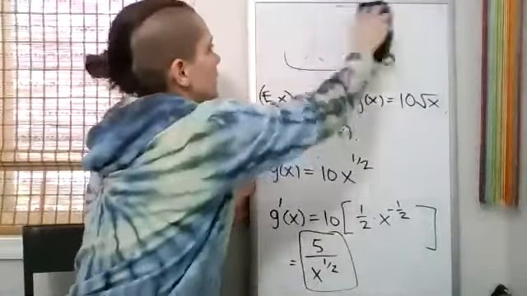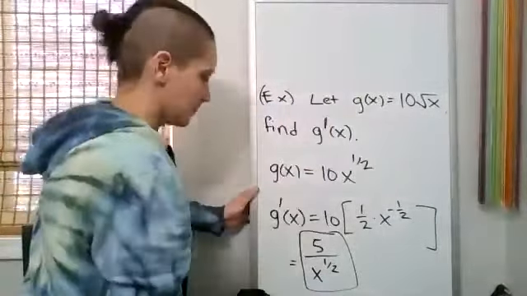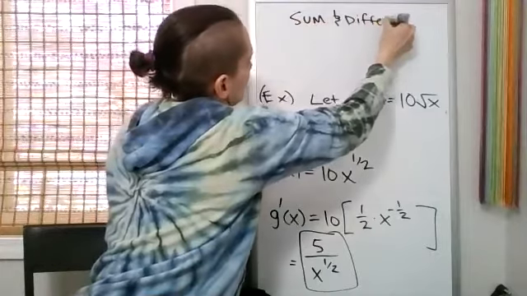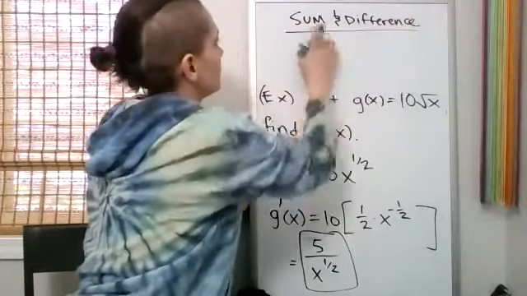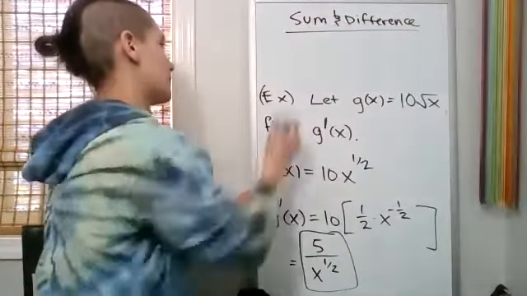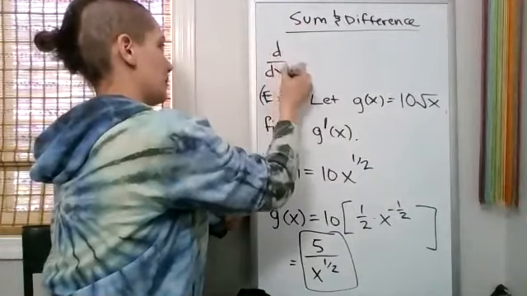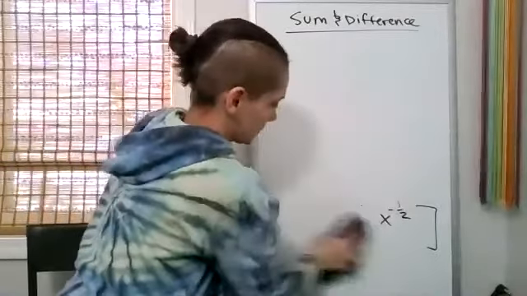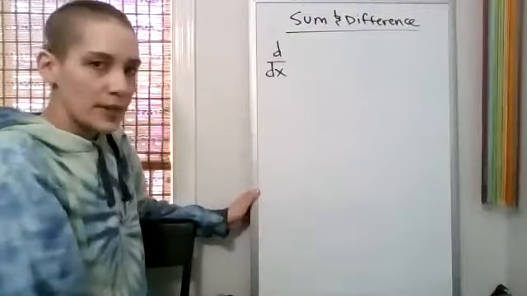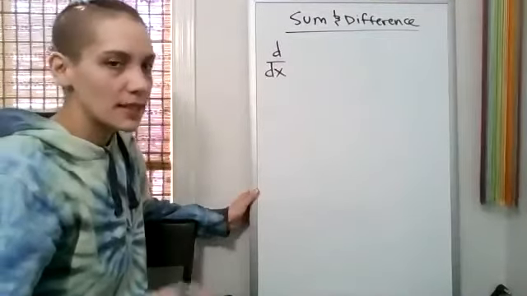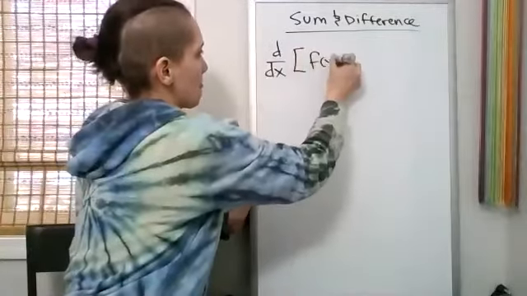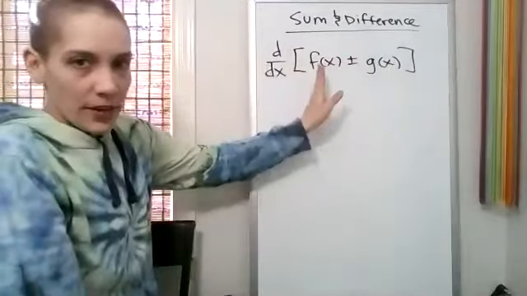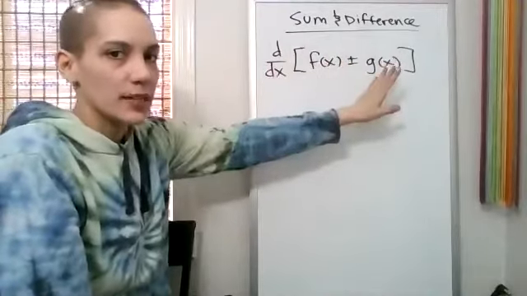So if you have some functions, the derivative with respect to x of f of x plus or minus g of x is to take the derivative of f of x, add or subtract the derivative of g of x.